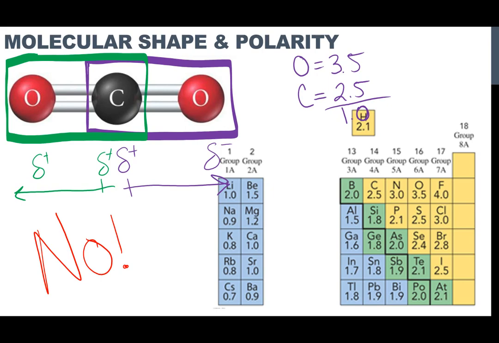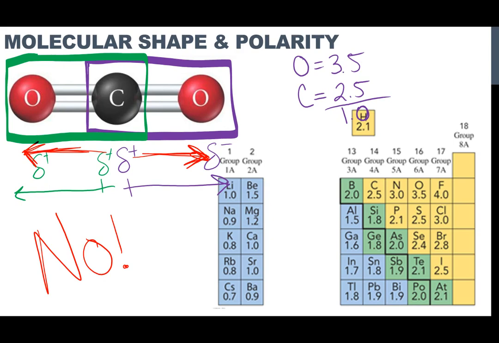What? It's not? Well, there's a dipole moment, so why is it not a polar molecule? This molecule is a linear molecule, a straight line. This oxygen is going to pull in this direction, and this oxygen is going to pull in this direction, but they're pulling in equal and opposite directions.